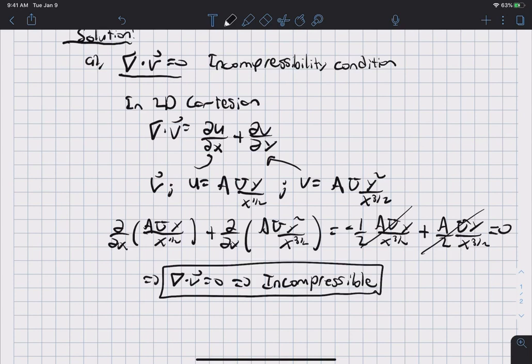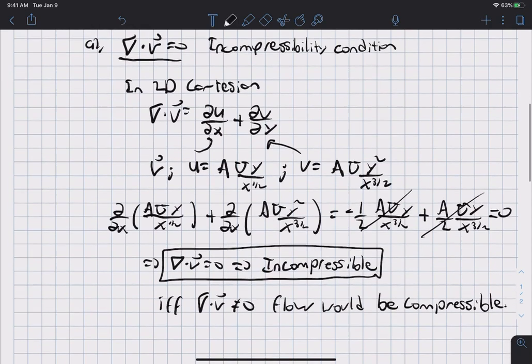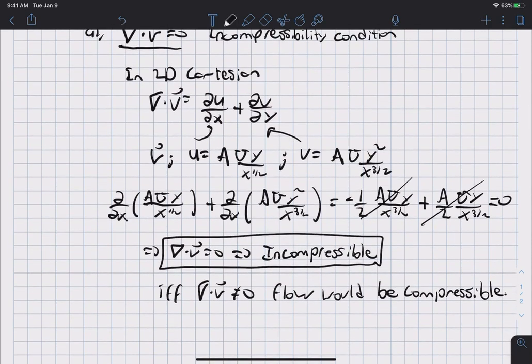Now, if the divergence of the velocity field was not equal to 0, the flow would be compressible. Okay, so that ends part A.